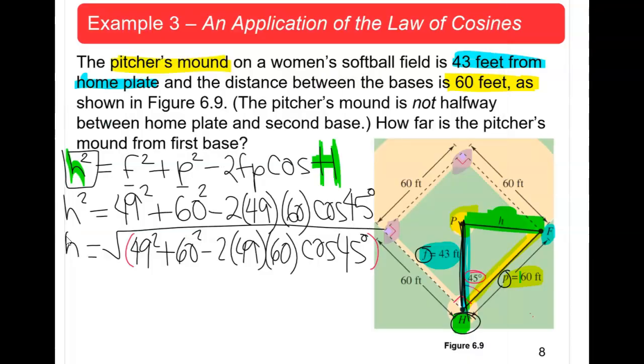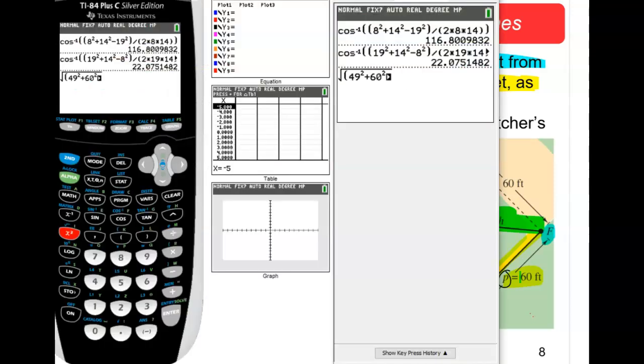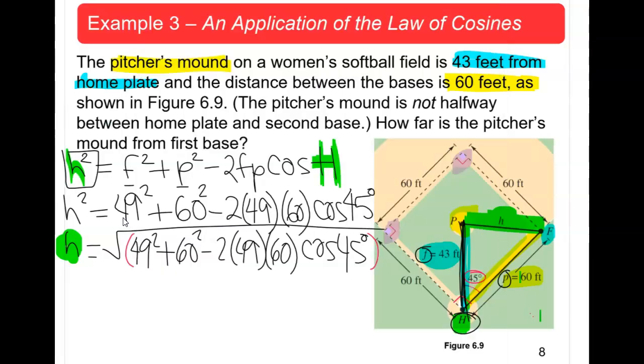And remember, the square root is because we're looking for h. We're not looking for h squared. So then after that, we're going to need minus 2 times 49 times 60. And then we're going to need times the cosine of the angle 45 degrees.